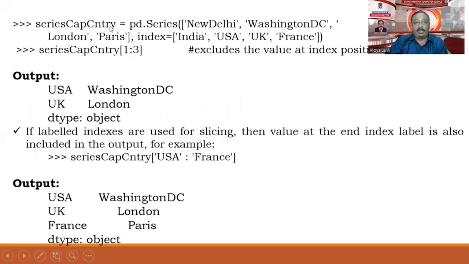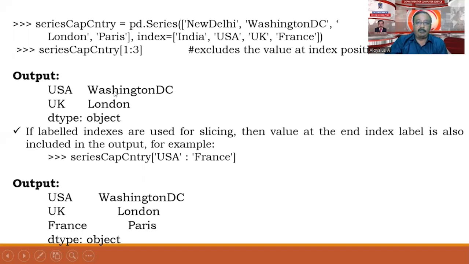So, for example, we can have capital and country. We have a Pandas series with New Delhi, Washington DC, London, Paris as values, and index as India, USA, France, and so on. Now, if you specify 1:3 in the slicing, start from position 1 and go till 3 minus 1 location. Position number 0 is New Delhi, position number 1 is Washington.